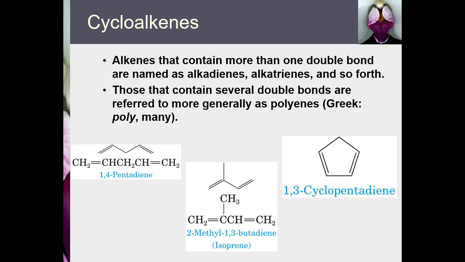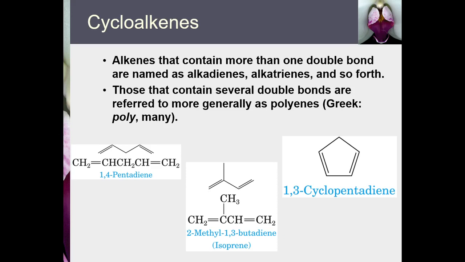So, alkenes that contain more than one double bond are named as alkadienes, alkatrienes, and so forth. So, those that contain several double bonds are referred to more generally as polyenes. So, you have a Greek term here or Greek prefix, poly, it means many.